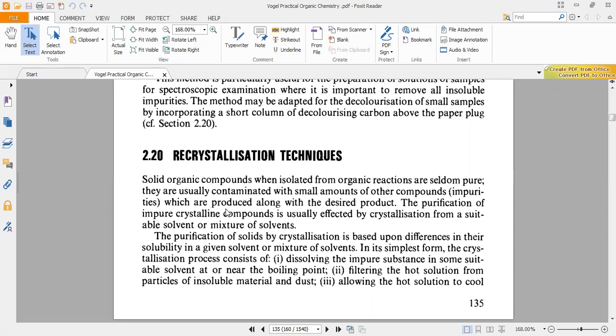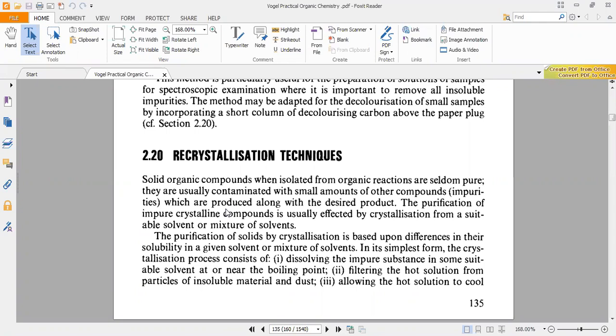This contamination can be removed, or must be removed, because whenever we are doing a reaction, our objective is the formation of 100% pure product, which shouldn't have any contamination or any reactant present in it.